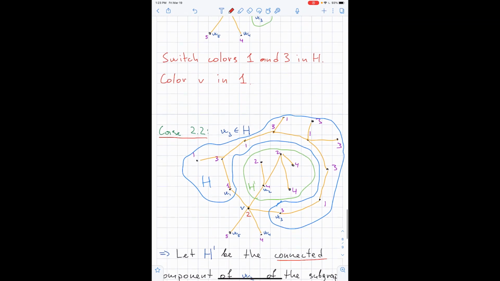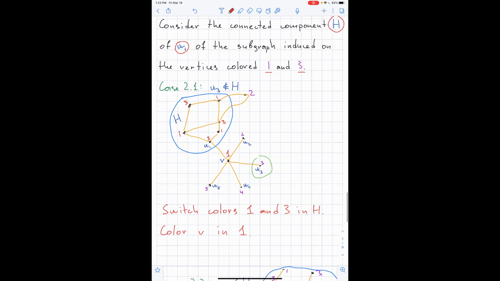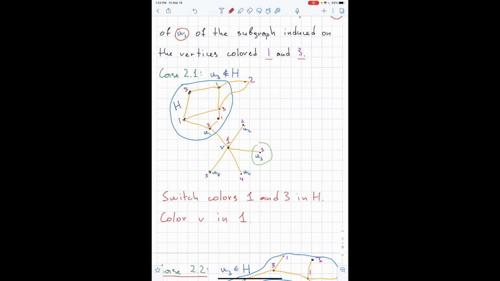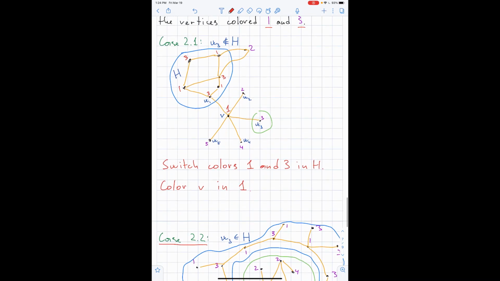So that is the idea. Once again, we try to find a subgraph where we can flip the colors so that one of the neighbors' colors gets changed, so that now not all the colors are used for the neighbors. And we can see that we can always do that. First we try to do it for colors 1 and 3.